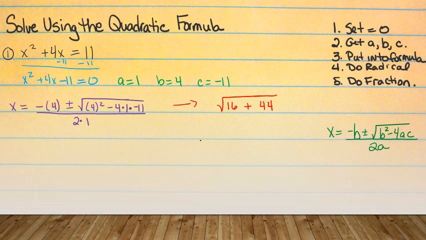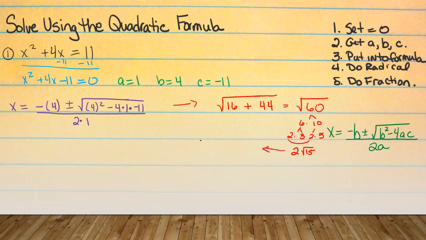And so that's going to give me the square root of 60. Now I have to simplify this. So that's 6 times 10, that's 2 times 3, 2 times 5. The 2's come out, and 3 and 5 make 15. So the radical is simplified all the way.